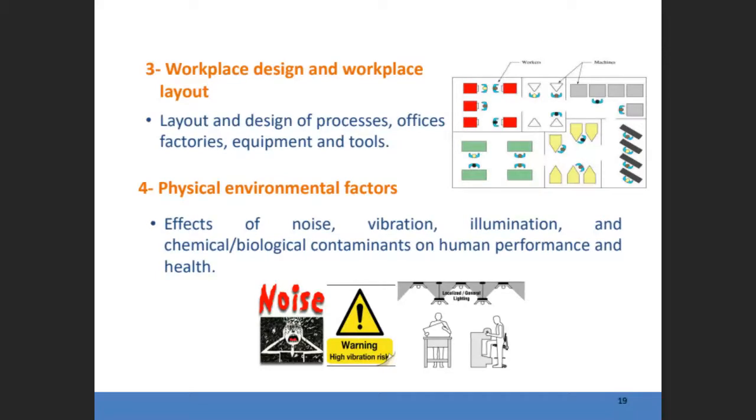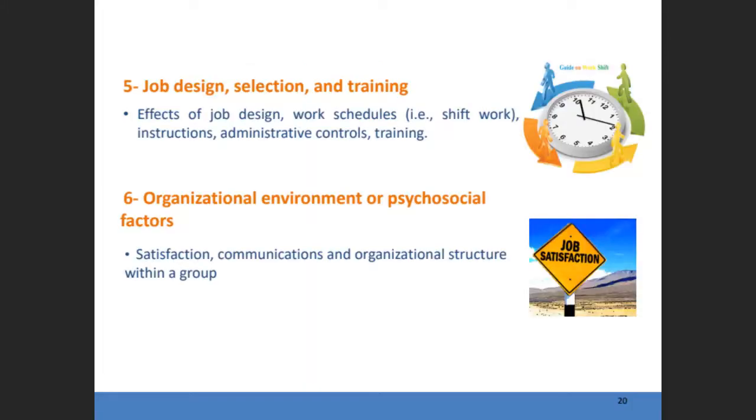Also the lighting: if I don't have the correct lighting for the environment, it could cause a task-based problem under the physical classification factor, okay, or biological contaminants, which are chemical wastes or hazards.